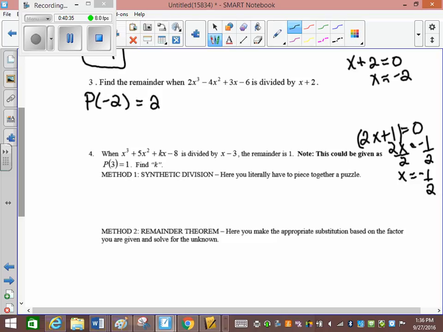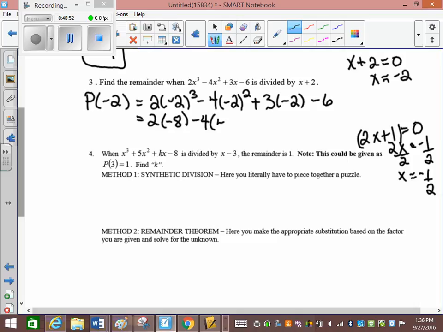So we're talking p of negative 2. And it's going to be 2 times negative 2 cubed plus 4 times negative 2 squared plus 3 times negative 2 minus 6. 2 times negative 2 cubed is negative 16. Plus 4 times negative 2 squared is positive 16. Remember when you put these in, if you're putting them into a calculator, make sure you put them in brackets, because negative 2 squared without brackets gives you negative 4, which is not true. 3 times negative 2 is negative 6.